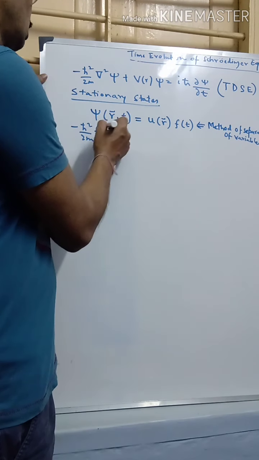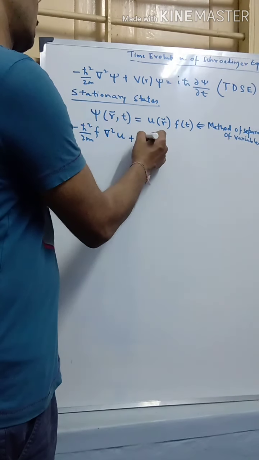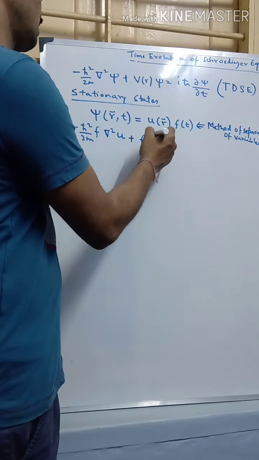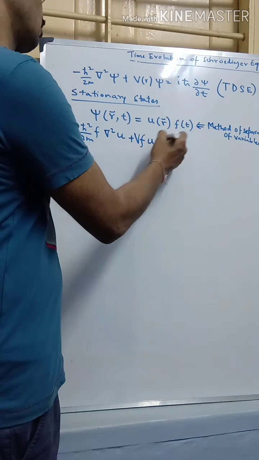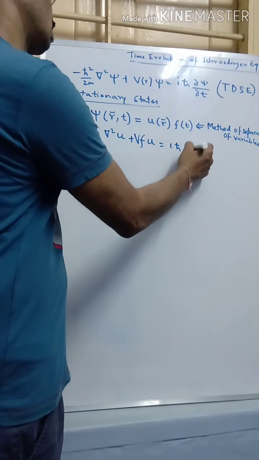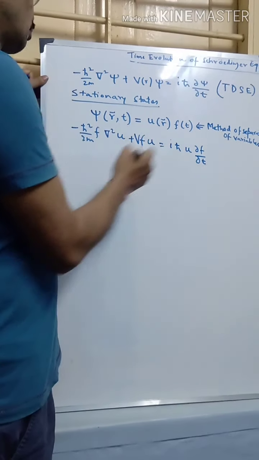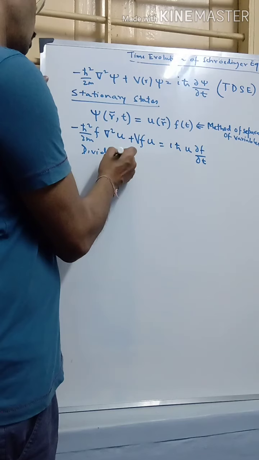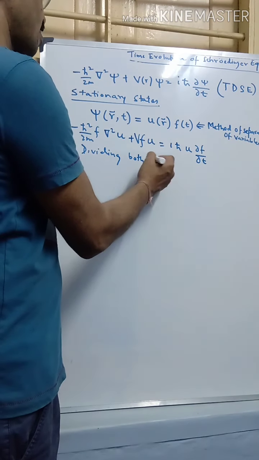So we can write minus h cross square by 2m f grad square u plus V f u is equal to i h cross u del f del t, and dividing both sides by u f, as we do while solving by the method of separation of variables.